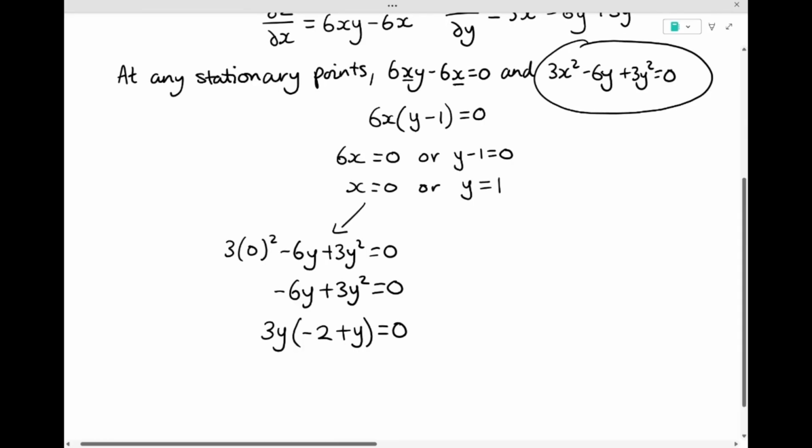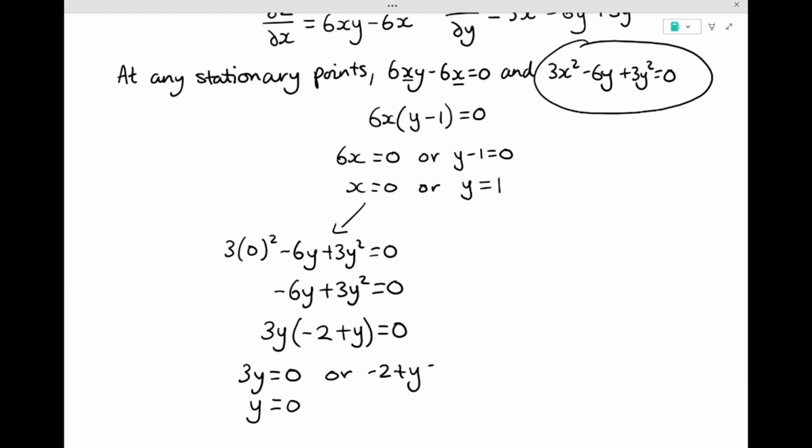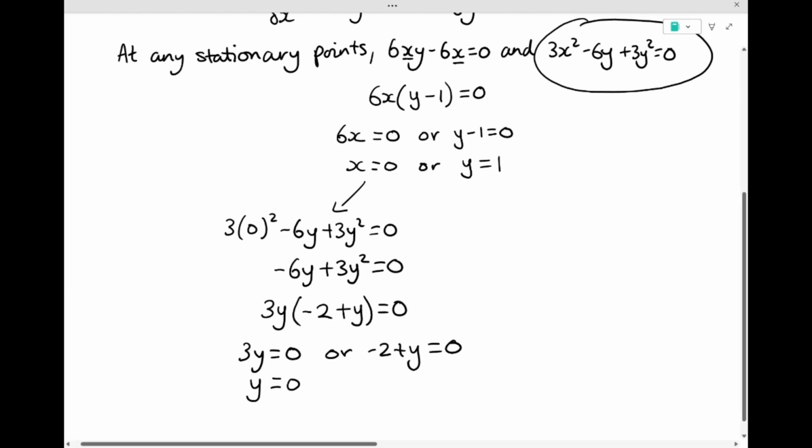So then for y, we could have 3y is equal to 0, so we would get y equals 0 from that. Or we can have negative 2 plus y is equal to 0, and from that, we would get that y is equal to 2. So we've actually got two solutions for x equals 0.